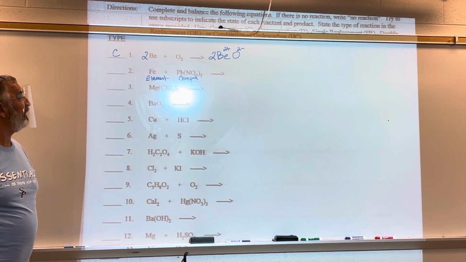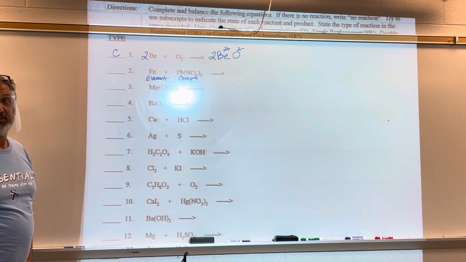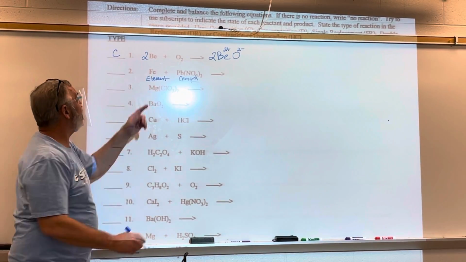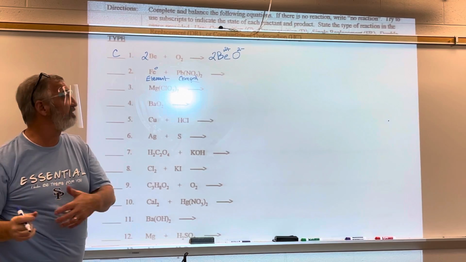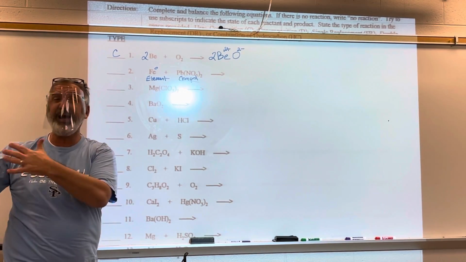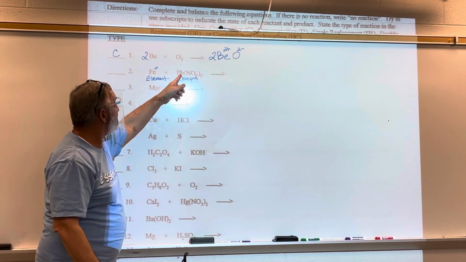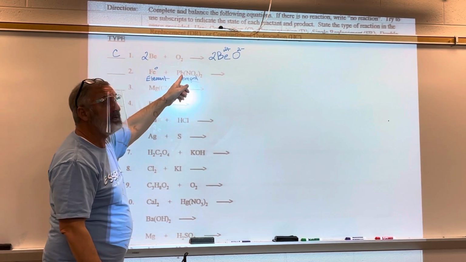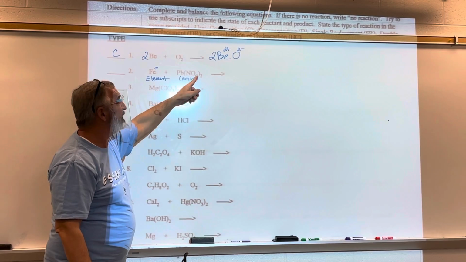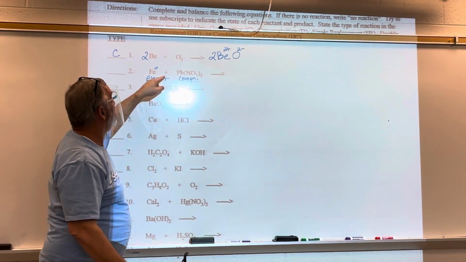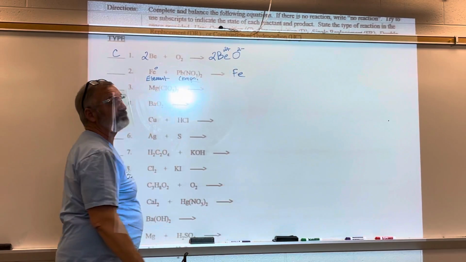So now which one is going to get replaced, the lead or the nitrate? The lead. Because iron, even though it's 0 here, every element in its natural state is 0, tends to form positive. All the metals want to form positive. So a metal is not going to combine with a metal and make FePb. Iron wants to go with the negative nitrate.